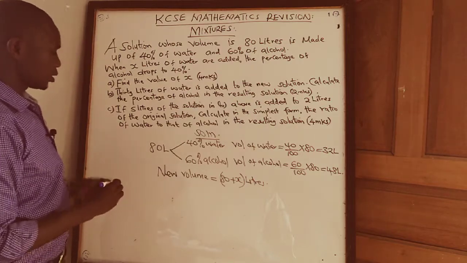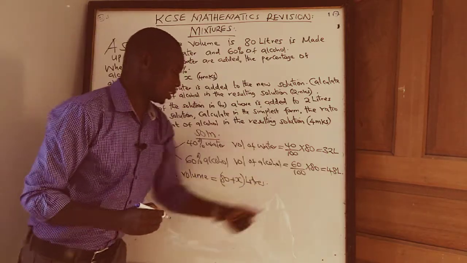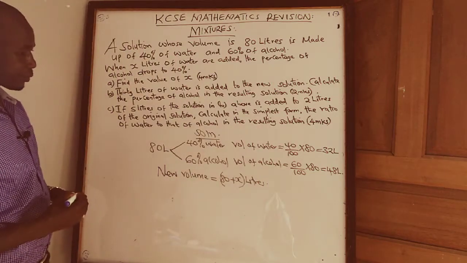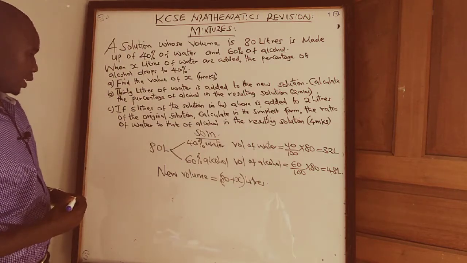To get the percentage of alcohol, we know the volume of alcohol is 48 liters.